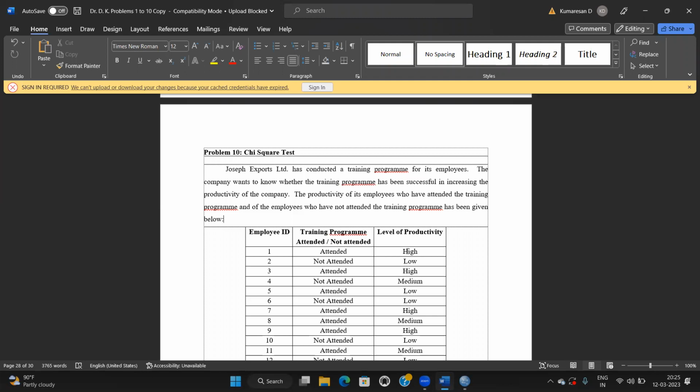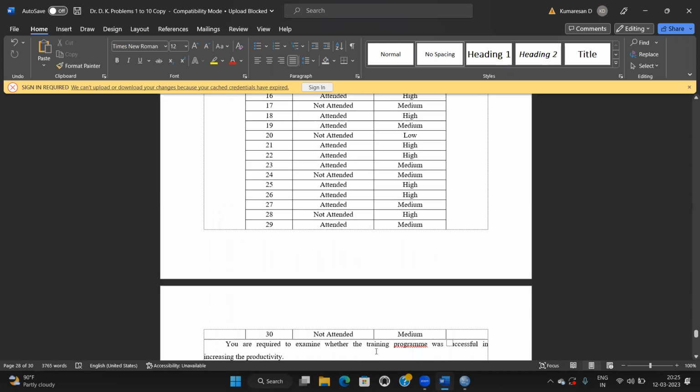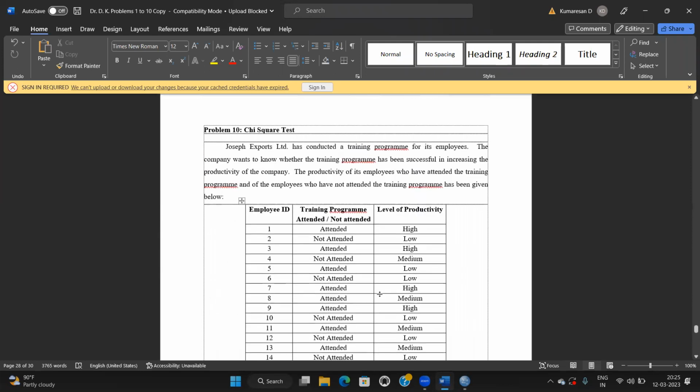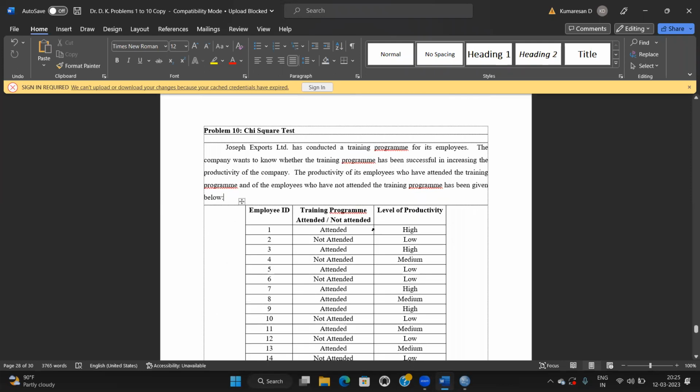There are 30 employees. Some of the employees have attended, some have not attended. So there are only 2 samples. Earlier it was managerial, technical. Here it is attended, not attended.